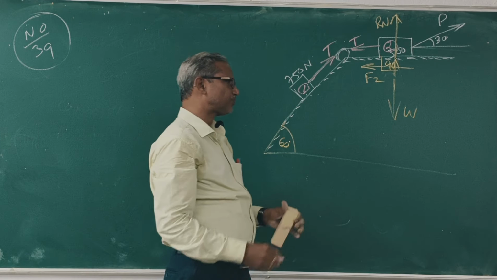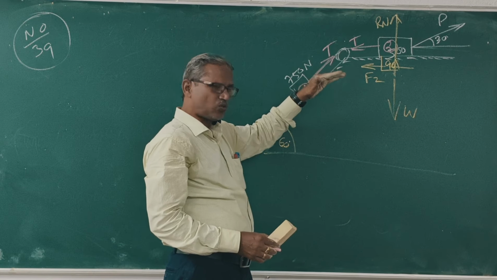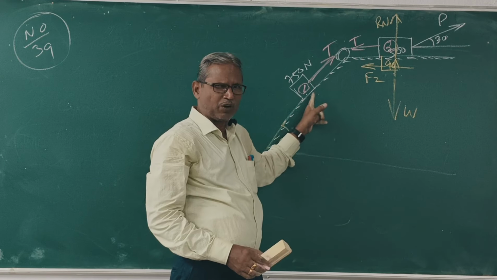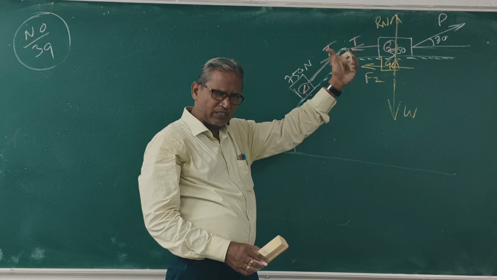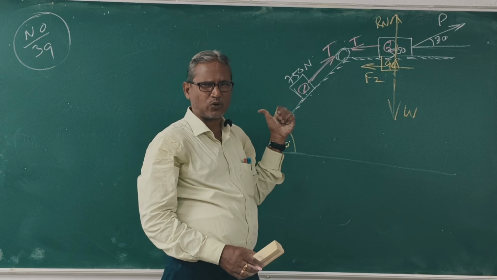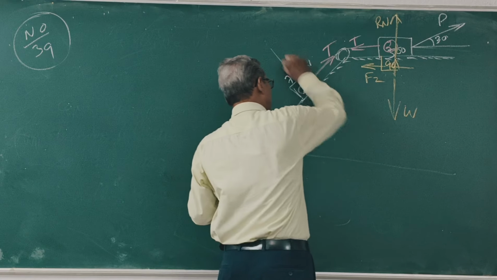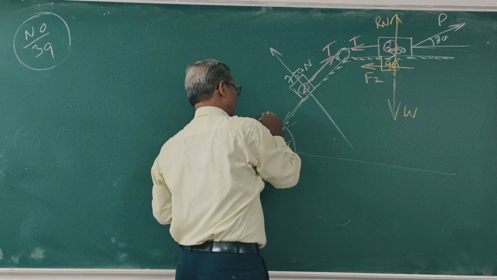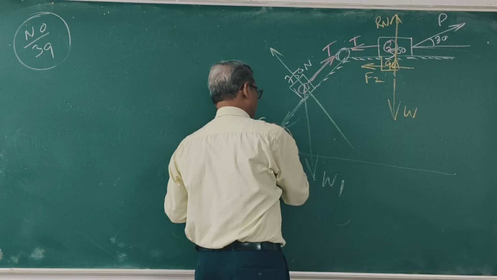Now, when block 2 tries to move towards right side, this is block 2 connected to block 1, so block 1 also tries to move upward. So in this case, the friction will act downward, down the plane. This is friction F1, this is weight W1. Clear?